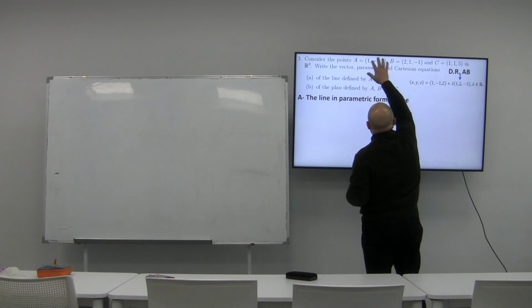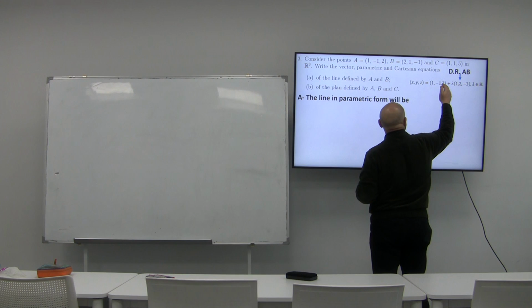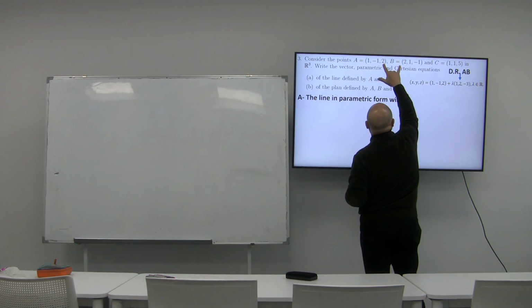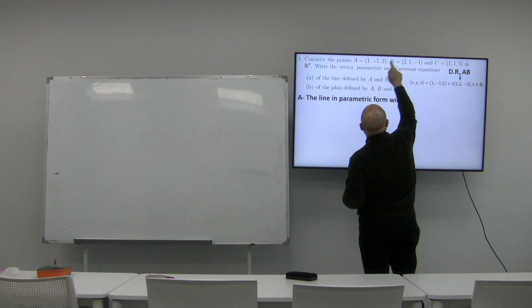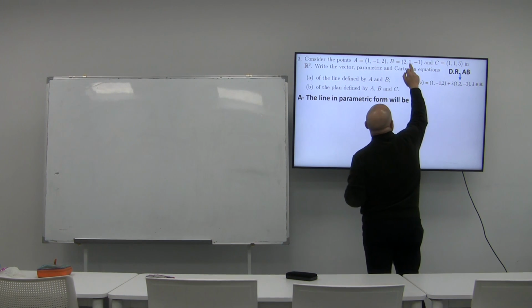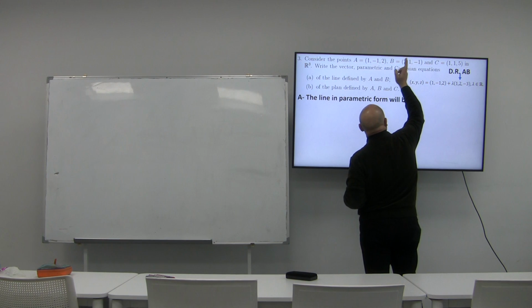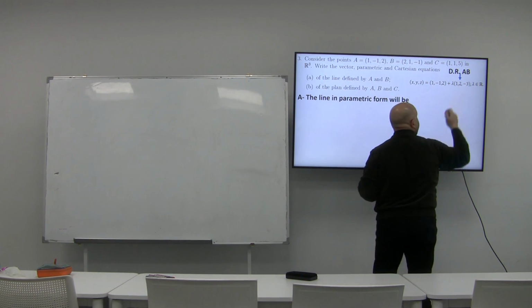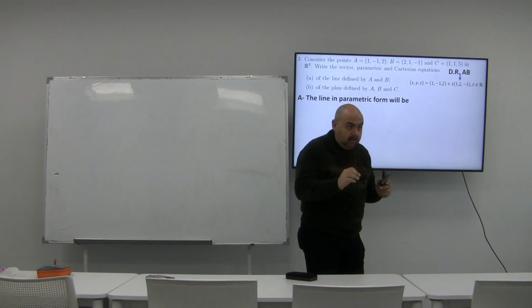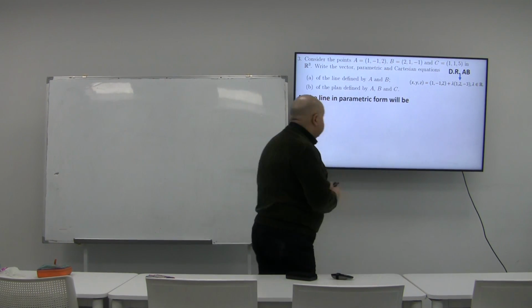I will go for A. So this is A: 1, negative 1, and 2. And the direction ratio, which is the difference, as I told you: 2 minus 1 is going to be 1. 1 minus negative 1, so it's going to be 2. Negative 1 minus 2, which is going to come up to negative 3. Now I have the point and the direction ratio.